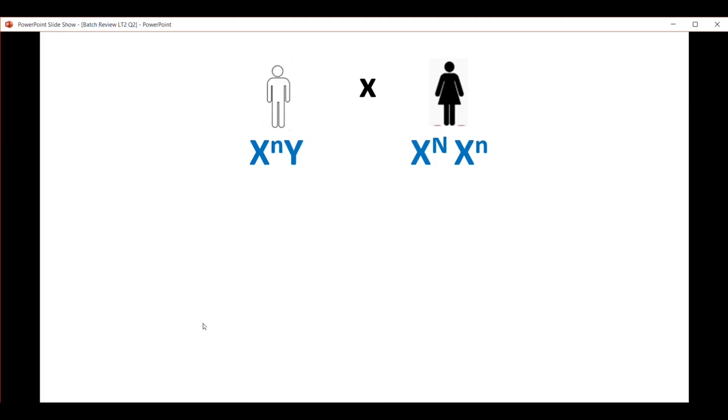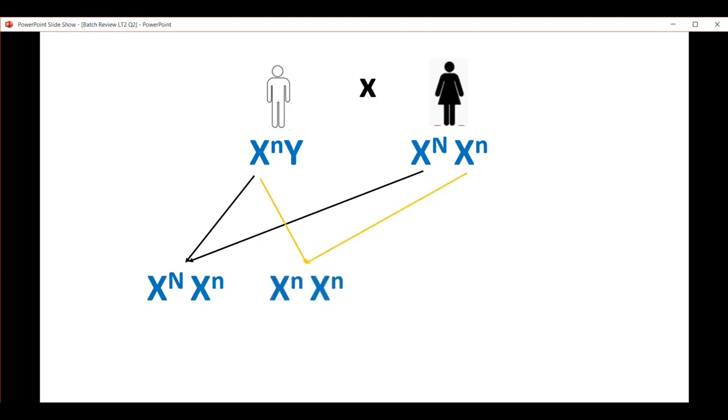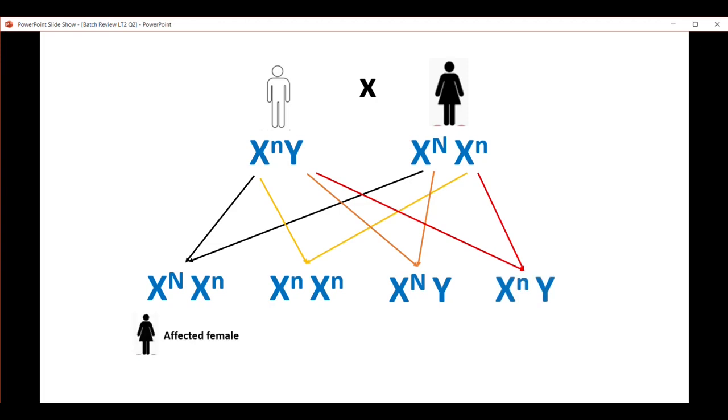How about if the cross is between a normal male and a heterozygote affected female? So in this case, the X-linked dominant will have this kind of crosses. First and first, you have an X big N and X small n. First and second, it's an X small n, X small n. Y coming from the dad, X big N Y, and the Y coming from the dad, X small n Y. So the first would be an affected female because you only need one dominant allele to show the phenotype or the disease.